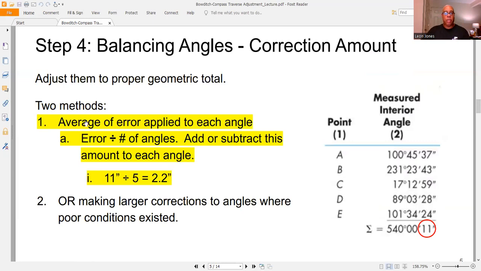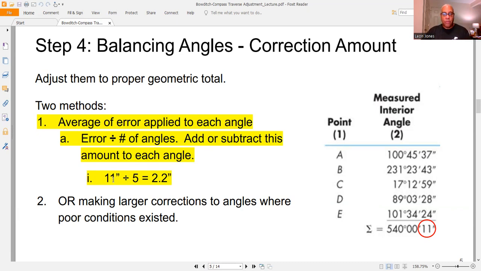Now, there are 2 methods. Now, here's what we do. Average of error applied to each angle. You divide by the number of angles. Add or subtract this amount to each angle. So basically what you do is you have 5 points right here. 1, 2, 3, 4, 5. So you take your error and you divide it by the number of points.